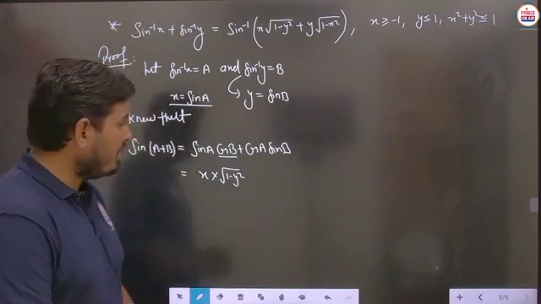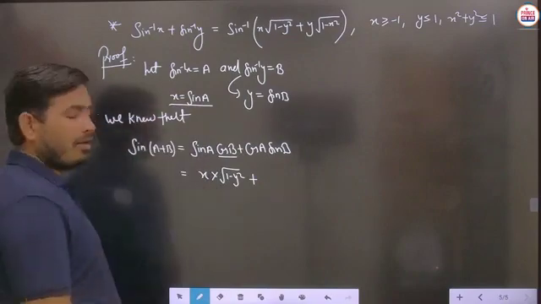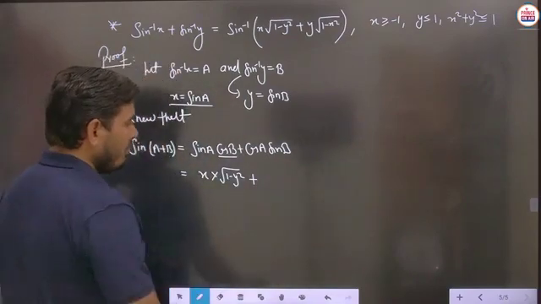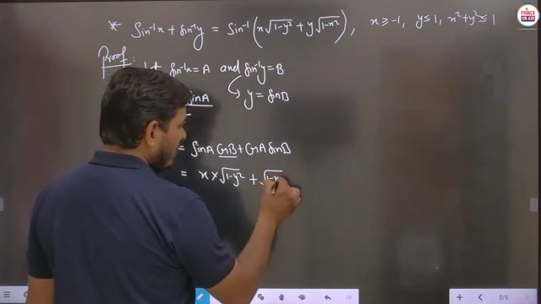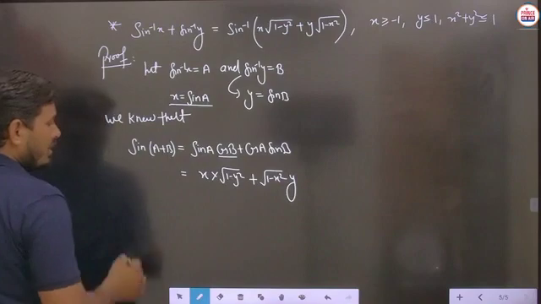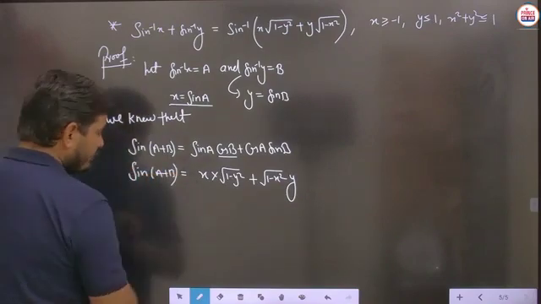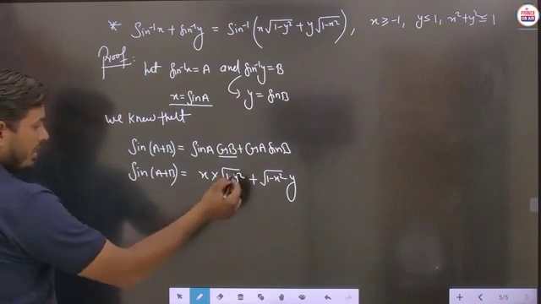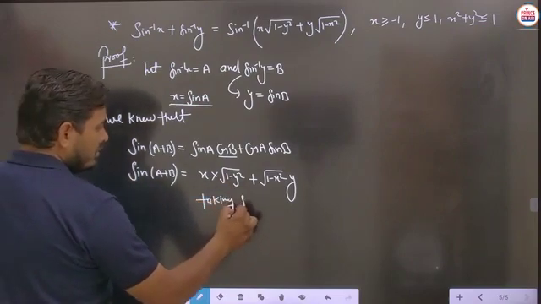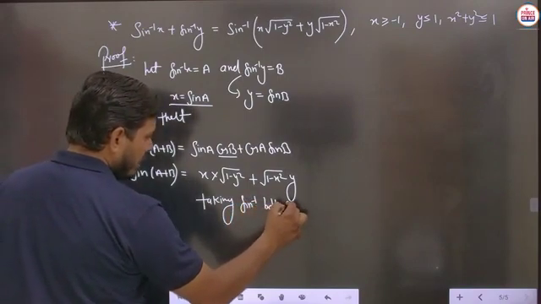Similarly, sin A is x, so cos A will be written as square root of 1 minus x square, and sin B is y. So definitely sin of A plus B you can write here, and now taking sine inverse on both sides.